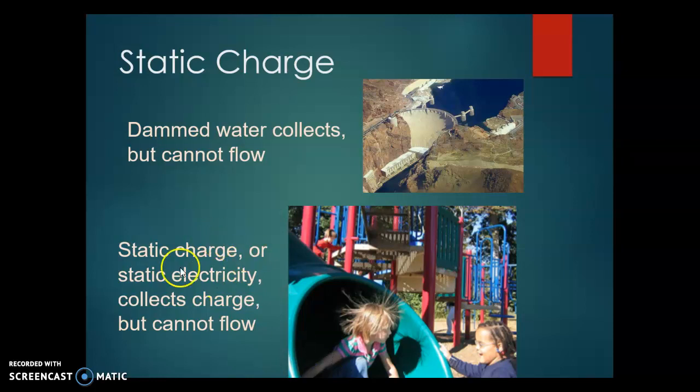Well, what was happening is a static charge building in that balloon. Static electricity collects the charge but cannot flow. Or another example, when you're at home on carpet with socks on and you rub your feet on that carpet, and then if you touch another person, that static electricity that you have flows into another person. But if you wouldn't touch another person, that static charge would stay within you.